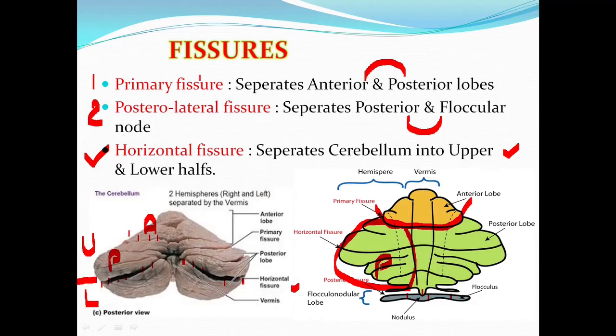The horizontal fissure differentiates only into the upper half and lower half of the cerebellum. But when we talk about the lobes, we speak only of the primary fissure and the posterolateral fissure. The primary fissure differentiates the anterior lobe and posterior lobe, and the posterolateral fissure differentiates a larger posterior lobe and a smaller flocculonodular lobe.